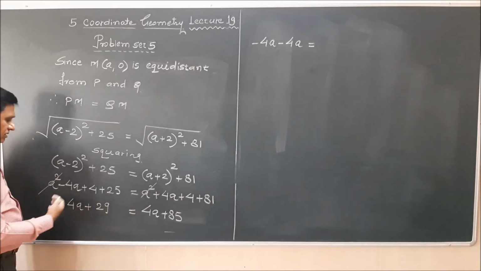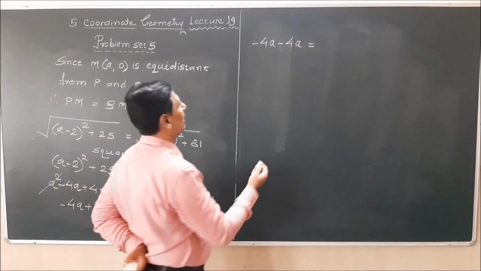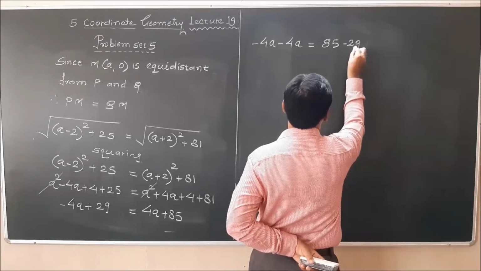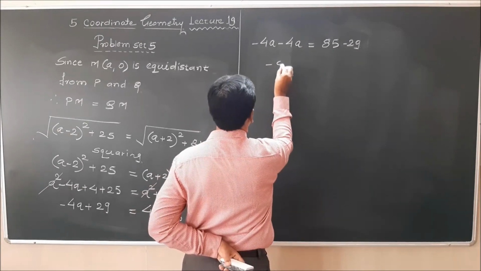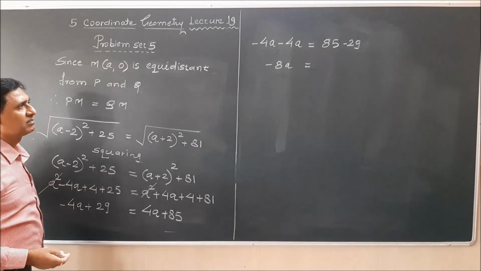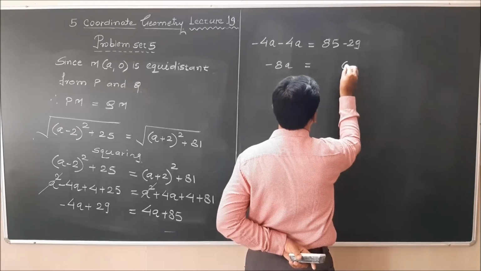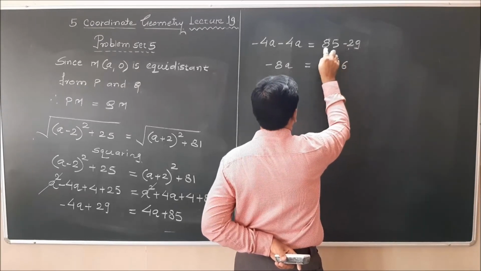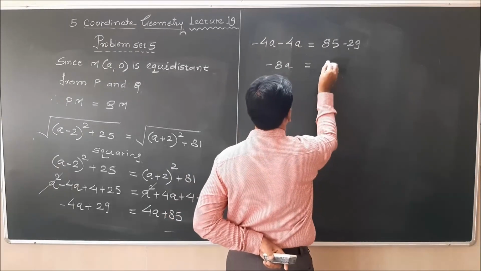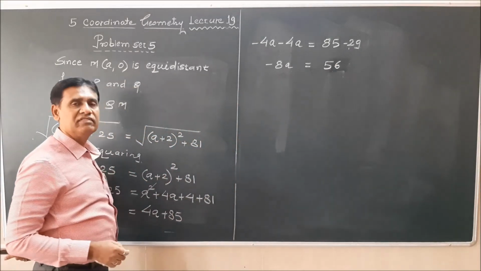Try to understand this. 4a to the left hand side becomes minus 4a. 29 on the right hand side, 85 minus 29. So minus 4a minus 4a is minus 8a is equal to, the difference between these two is 56. 85 minus 29 is 56.